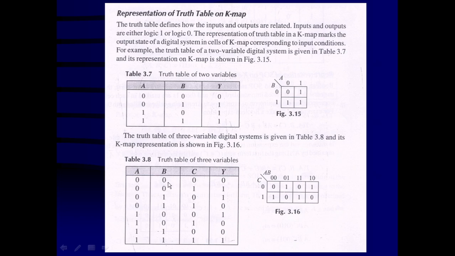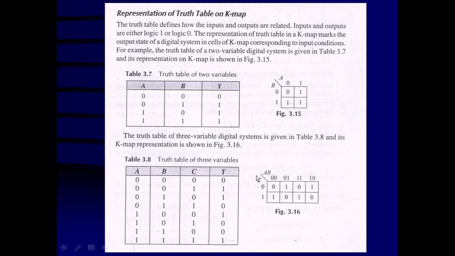The input combinations are 000, 001, 010, 011, 100, 101, 110 and 111. Corresponding to these input combinations, the required output is mentioned over here. You require for these combinations 0, then 1, then 1, then 0, then 1, then 0, 0, 1.